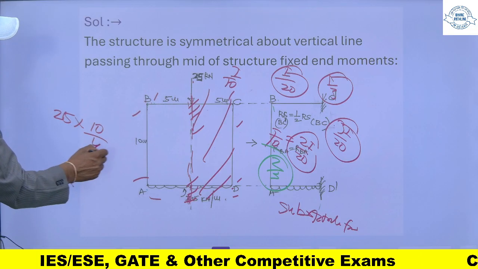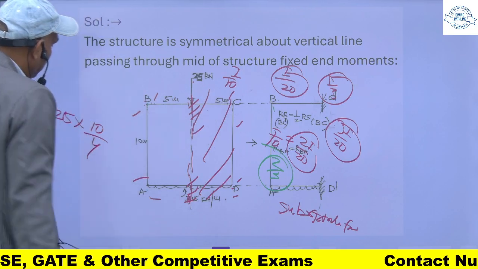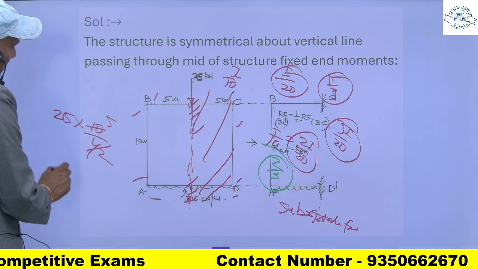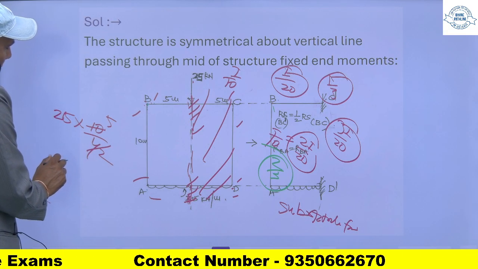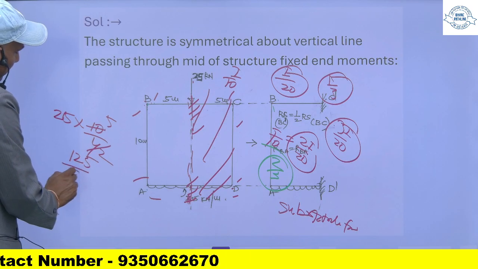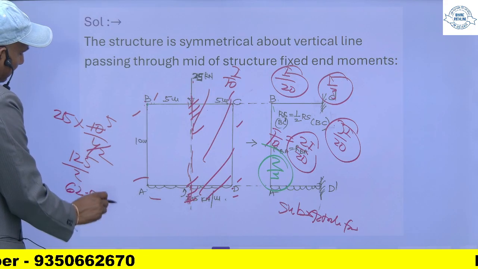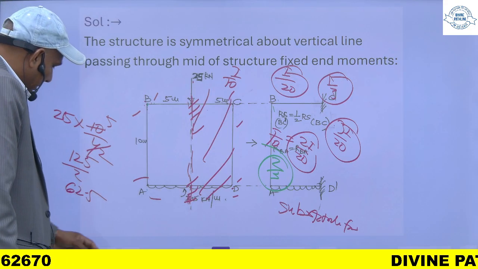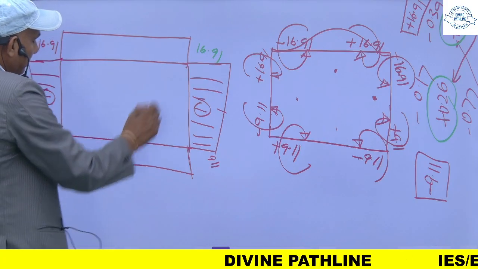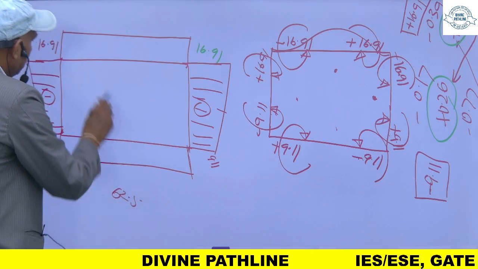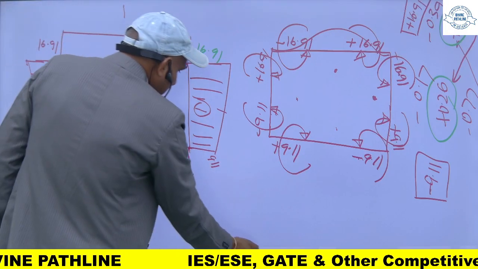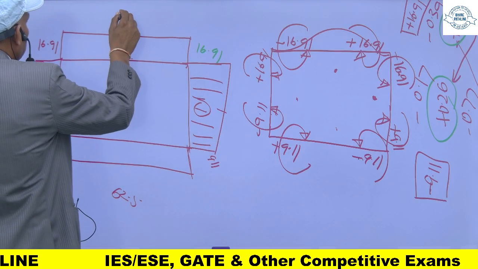This is the formula. So 125 by 2 means 62.5.